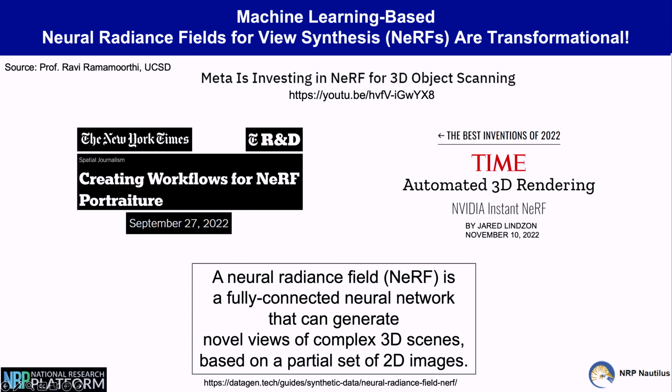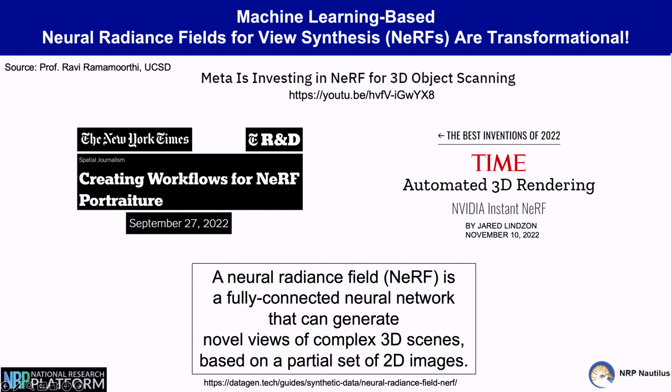All right, now neural radiance fields has really led to a revolution in the ability to take images, create representations of the scenes, and it has had wide impact in practice. I actually have to thank Larry for giving me this slide from the information I supplied to him. So you see that the New York Times is using it to generate workflows for portraits.